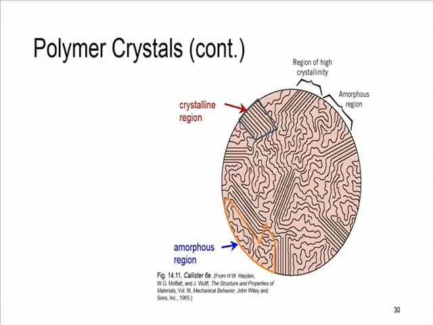Polymers are rarely 100% crystalline. It's difficult for all regions of all chains to become aligned. As you can see, we have some crystalline regions shown here, in this one and this one, that are parallel organized, and in between they have amorphous region.